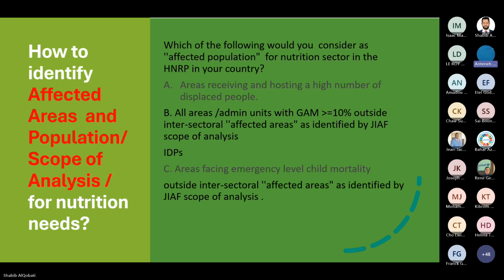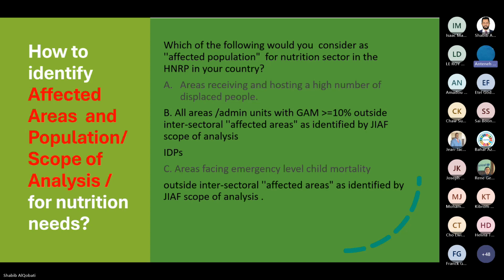Those are like the primary areas of focus for the HNO. But there are some additional exceptions, which includes IDP areas, high IDP areas, which includes areas with high acute malnutrition, includes areas with high mortality rate. So these can be included in exceptional cases.